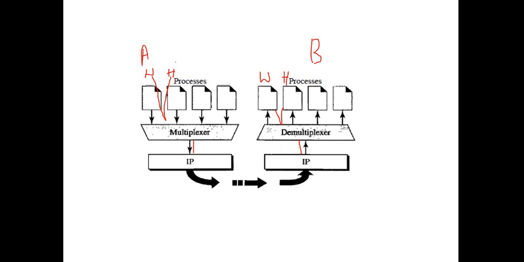Let us consider an example where there are two hosts, A and B, and these are the different processes. Let us consider these processes as WhatsApp and Hike. Suppose you want to send messages to your friend from A to B, and you are using both WhatsApp and Hike. You are sending some messages using WhatsApp and some using Hike, but these are two different applications, so different processes are shown here.